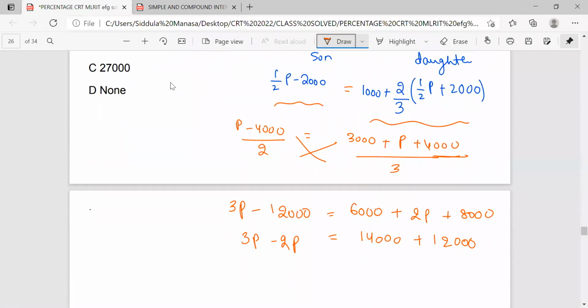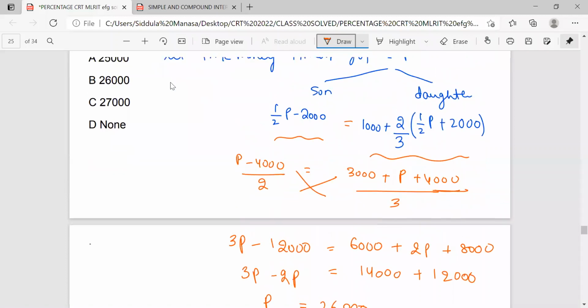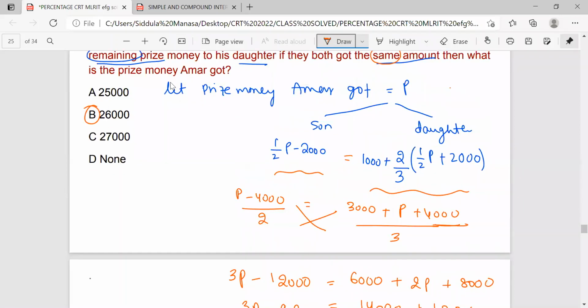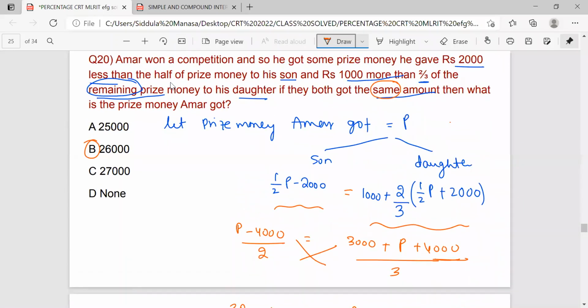So the total prize money Amar got is 26,000. So option choice B. Is everyone clear? Yes, 26,000. Very good. So students, each and every one has to respond. Is everyone clear with this? Raise your hands. Comment in the comment section.